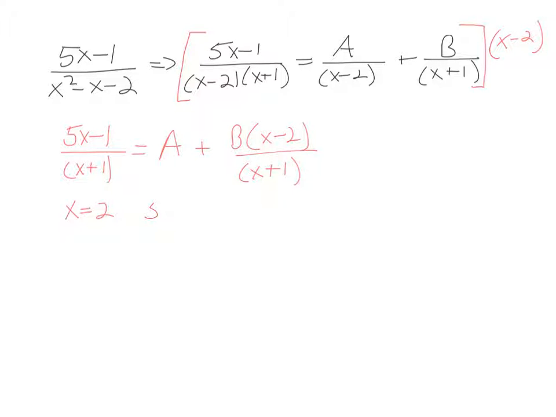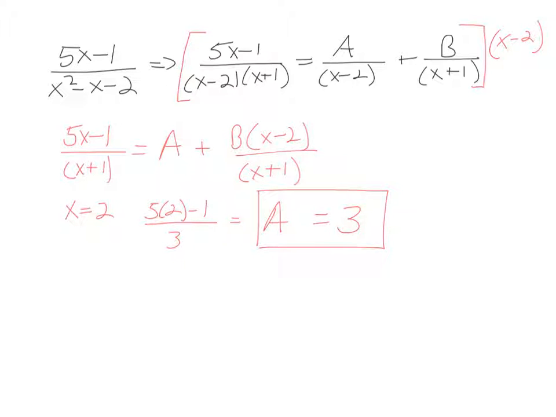Well, I get 5 times 2 minus 1 all over 2 plus 1, which is just 3, equals a plus, well, if x is 2, this turns out to be 0, so this whole term goes away, right? So I'm left with a is equal to 5 times 2 is 10, minus 1 is 9, divided by 3. Look at that, a equals 3. Ta-da, I know what my a term is.